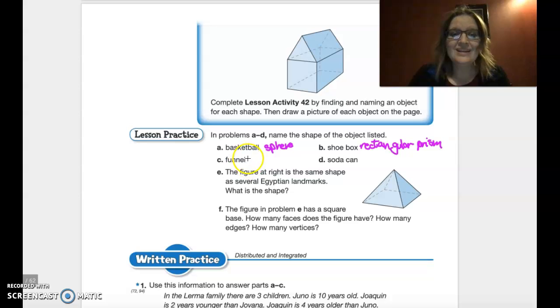A funnel is a cone, and a soda can is a cylinder.